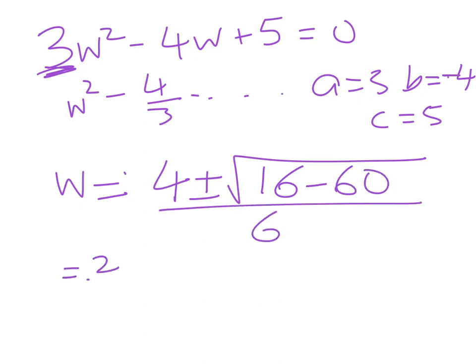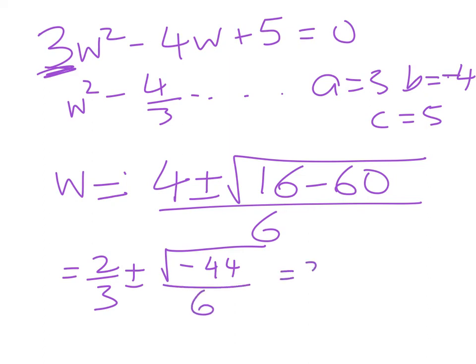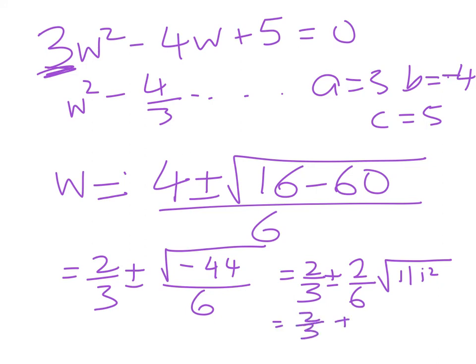So that works out to be 2/3 plus or minus the square root of negative 44 on 6, which is 2/3 plus or minus 2 on 6 times, well, the negative 11 is 11i squared. So my final answer is 2/3 plus or minus the square root of 11i divided by 3. So that's it. So that's a nice merit question.